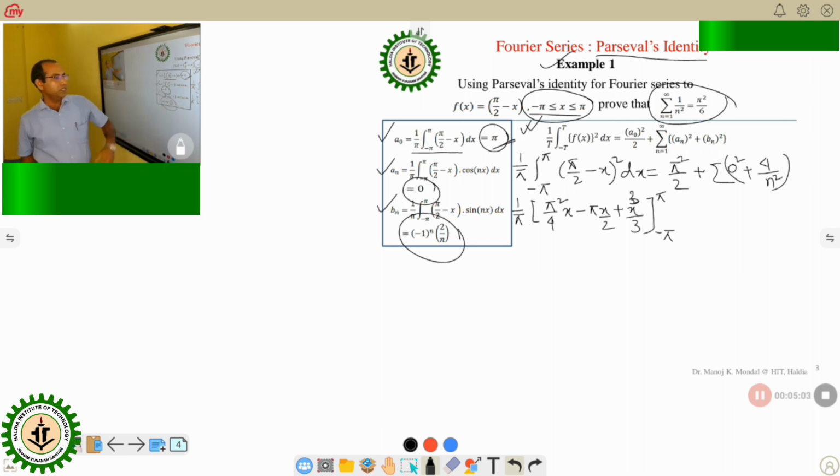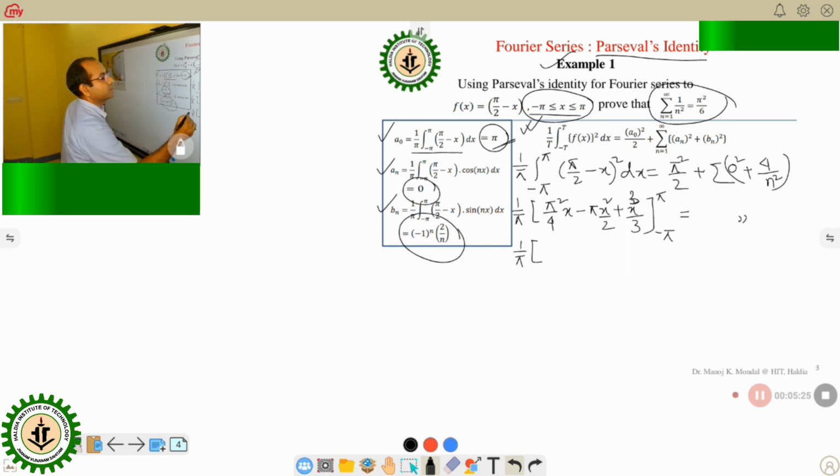I consider together pi squared by 4 integration, and this is x. Here it will be x squared by 2. The right hand side is the same thing as before, and on the left hand side we just put in the limits.